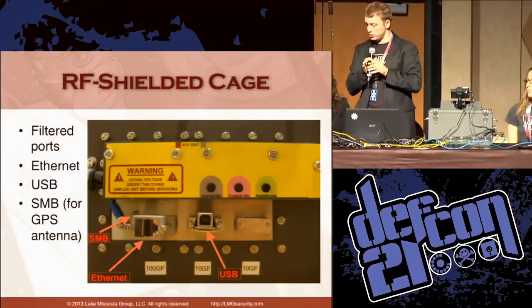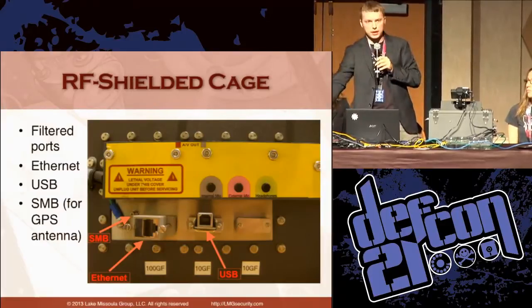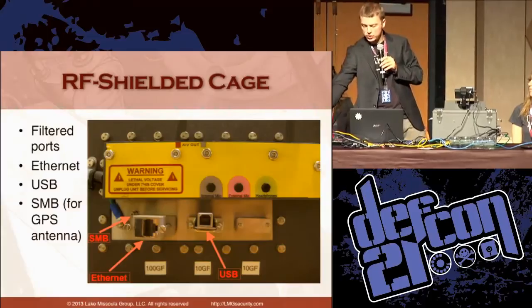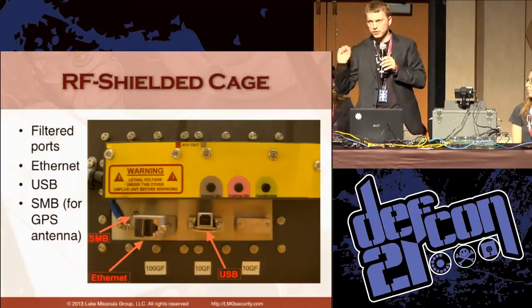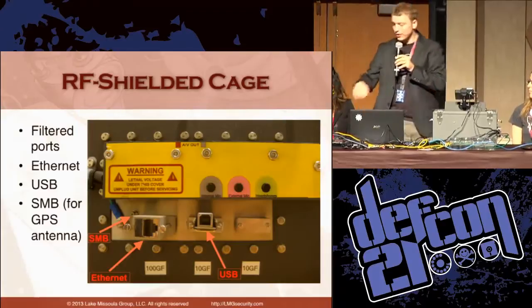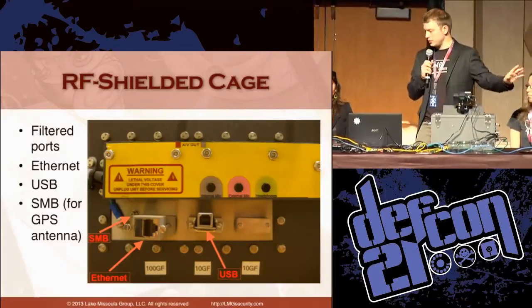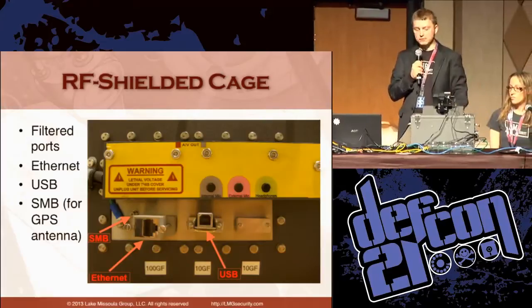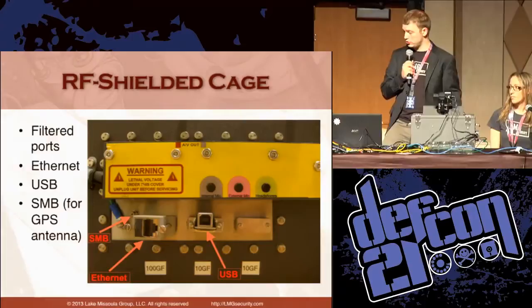The first of which is currently set to be an Ethernet jack, a filtered Ethernet jack for the backhaul to Verizon's network. We then have a USB port that connects to the FTDI friend that's inside that we will use for serial communication.